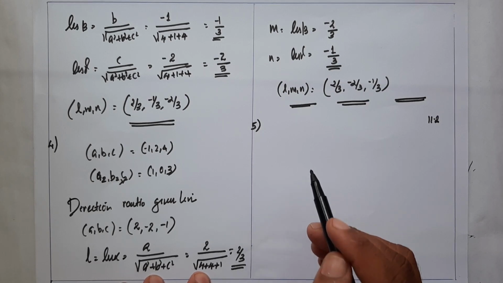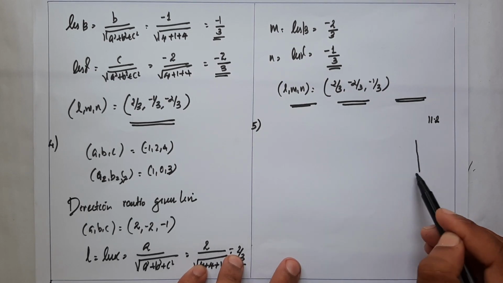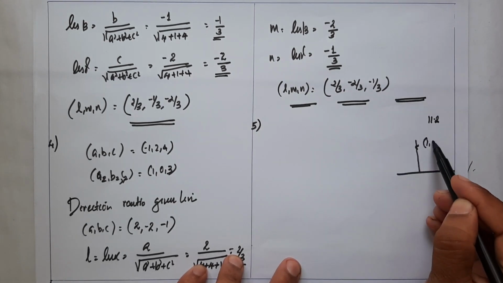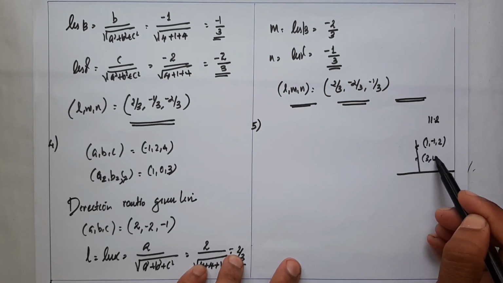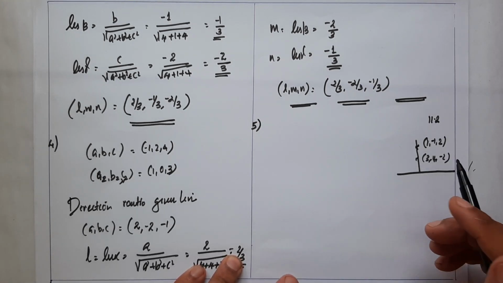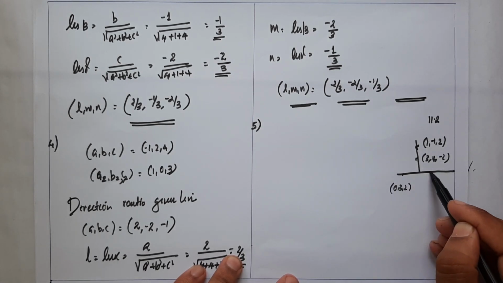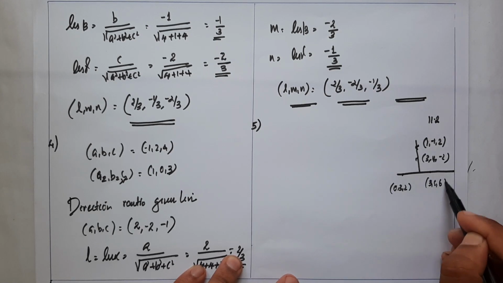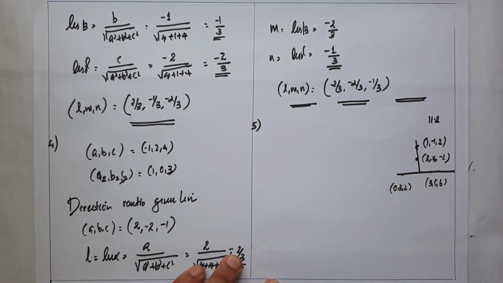Show that the line through the points 1, minus 1, 2 and 3, 4, minus 2 is perpendicular to the line through the points 0, 3, 2 and 3, 5, 6.